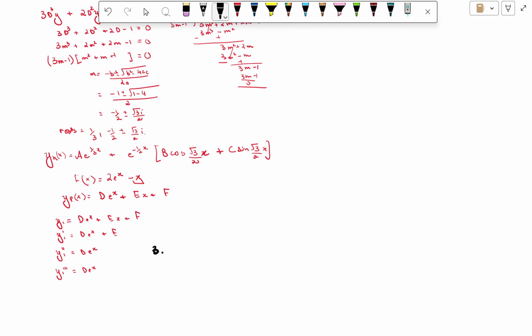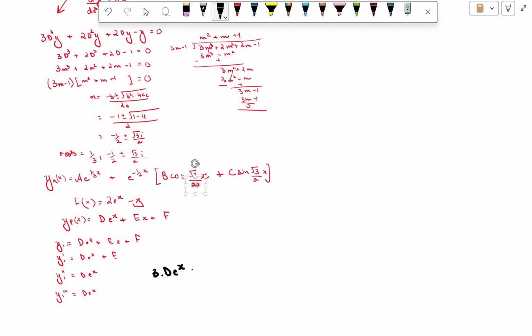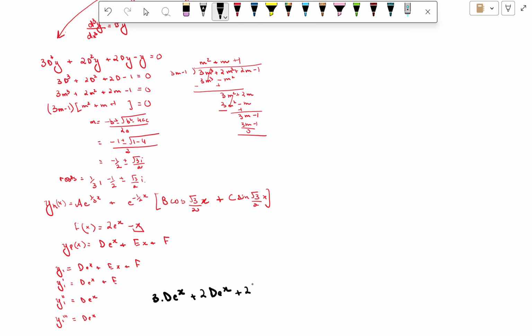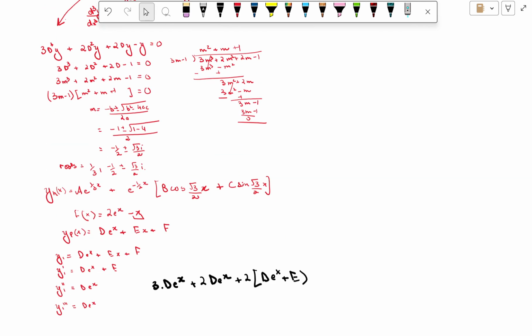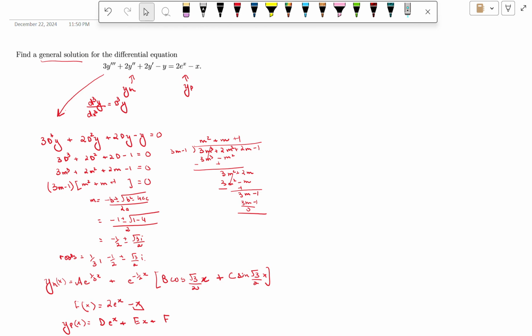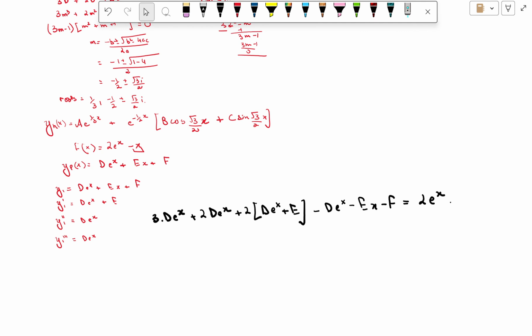3 times d e^x plus 2 times d e^x plus 2 times (d e^x plus e) minus (d e^x plus e x plus f) equals 2e^x minus x.